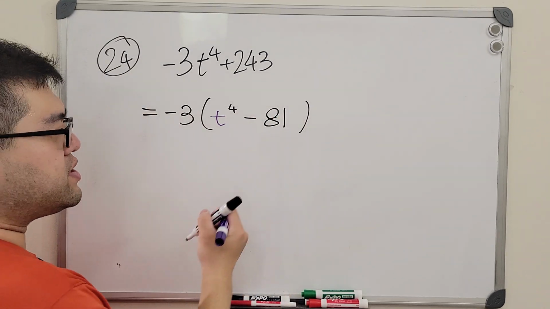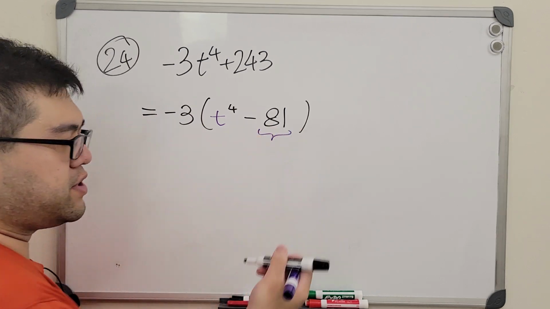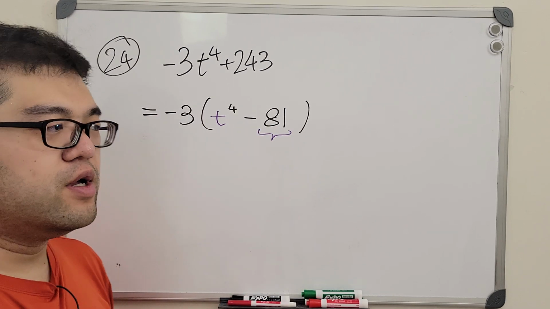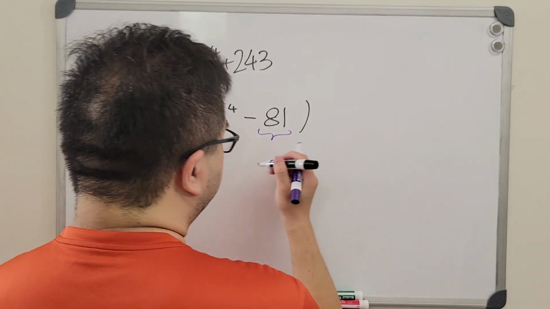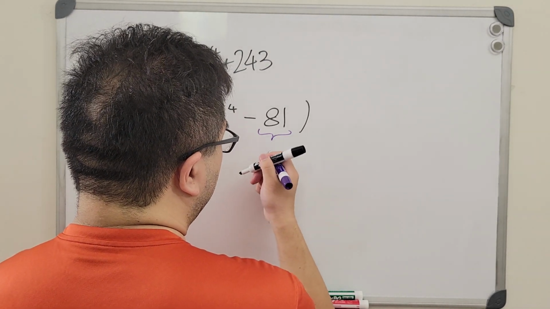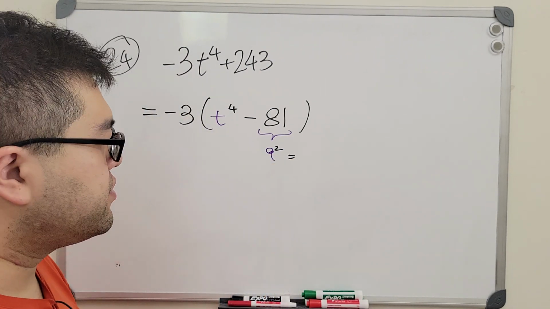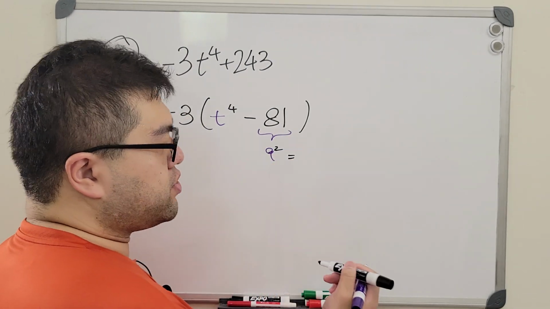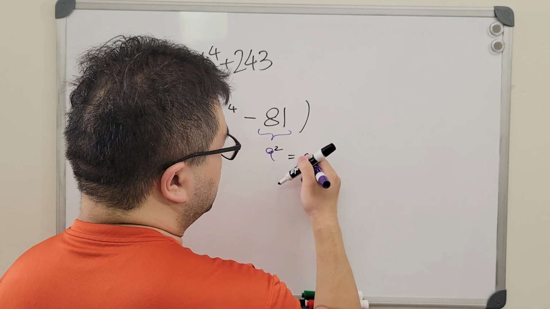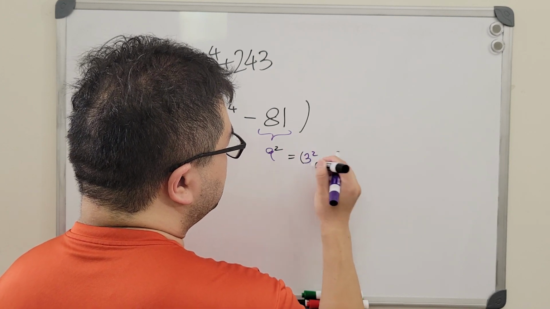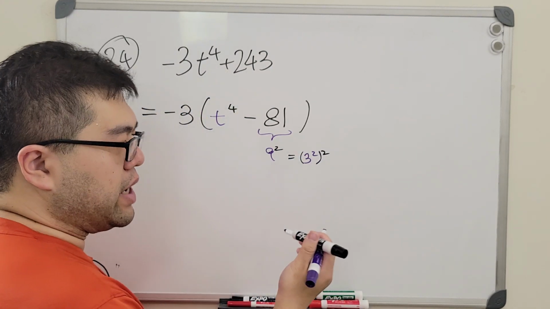But now, what is 81? Of course, it is just a square of 9. But what is 9? Well, we know that 9 is also a perfect square. So it is in fact 3 squared.